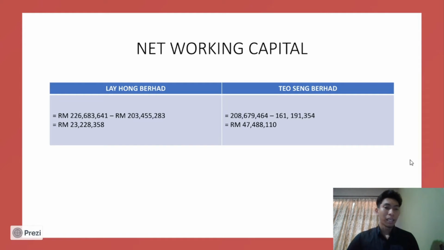23,228,000 and 358. The value for Teo Sang Berhad is 47,488,000 and 110. We can see that both companies have positive net working capital since current assets exceed the value of current liabilities.